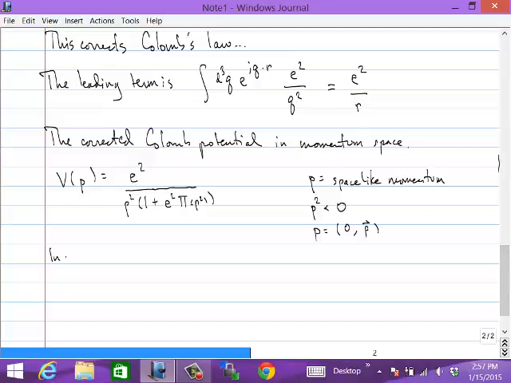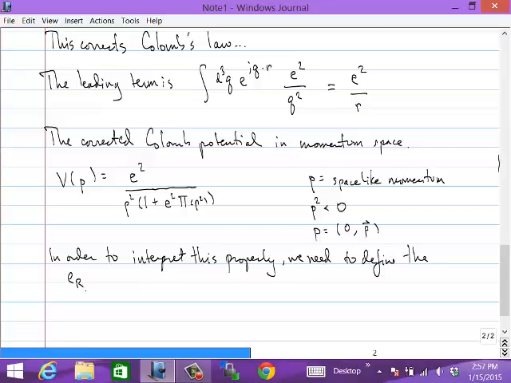So, in order to interpret this properly, we need to define precisely what we mean by the physical renormalized electric charge.